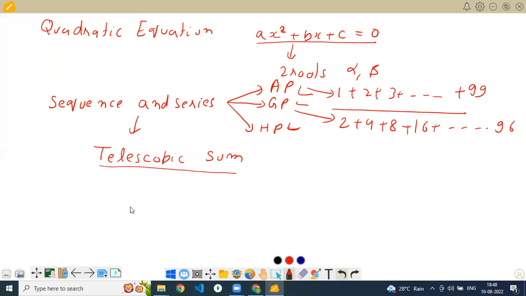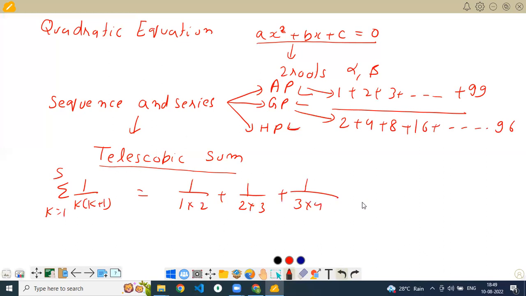Some formulas which are given here: 1 upon k multiplied by k plus 1. If I want to find the sum of these numbers, that means k is equal to, let's say, 1 to 5. What does this mean? This is 1 into 2 plus 2 into 3 plus 3 into 4 plus 4 into 5.